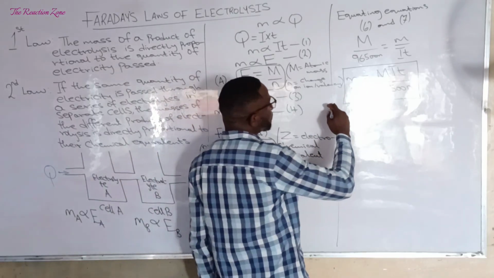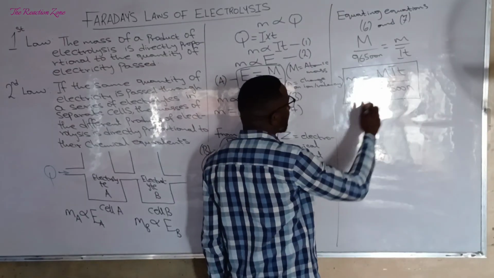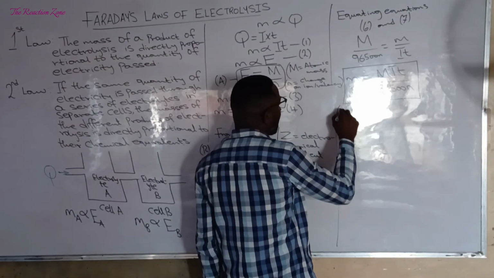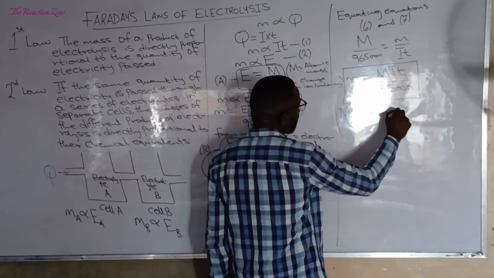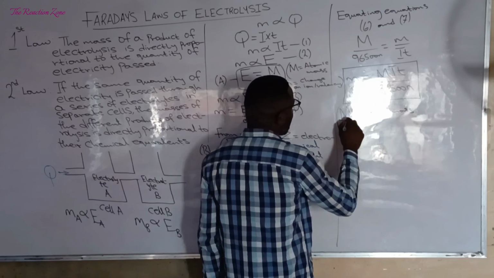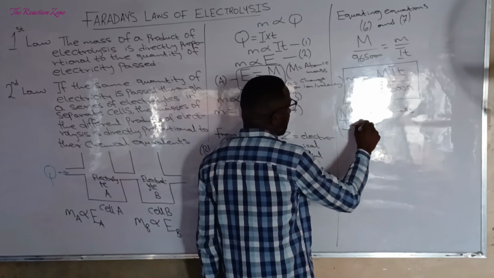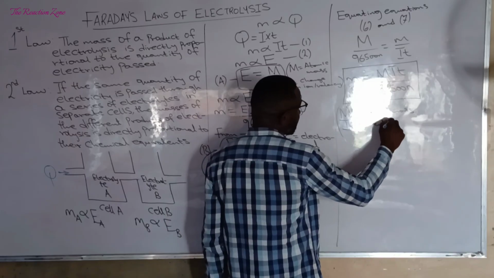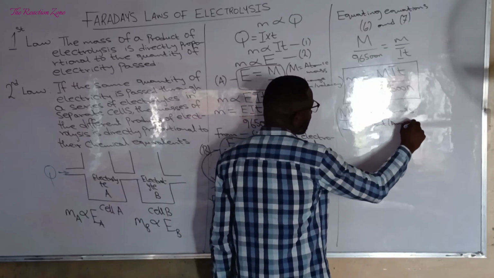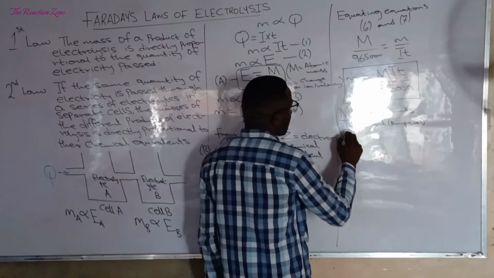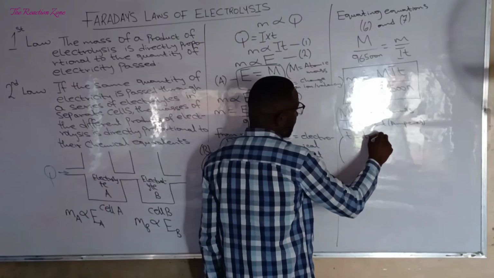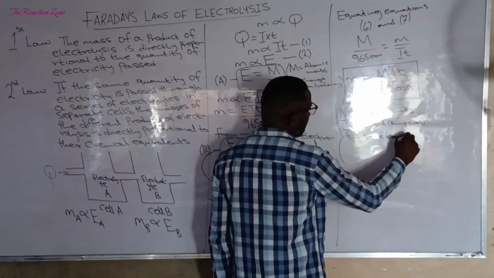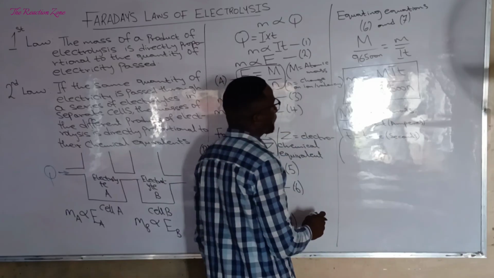Now, it is important to state clearly what each of these things here mean. The capital letter M is the atomic mass. Capital I stands for current, whose unit is in amperes. T stands for time, and the unit must be in seconds.